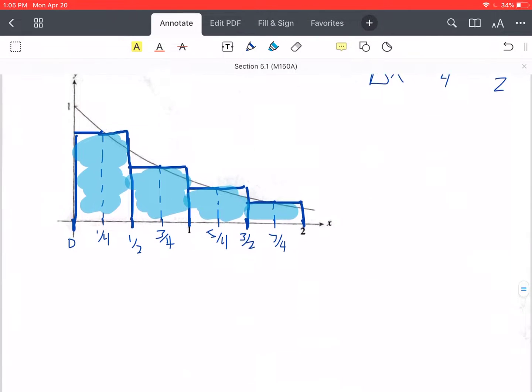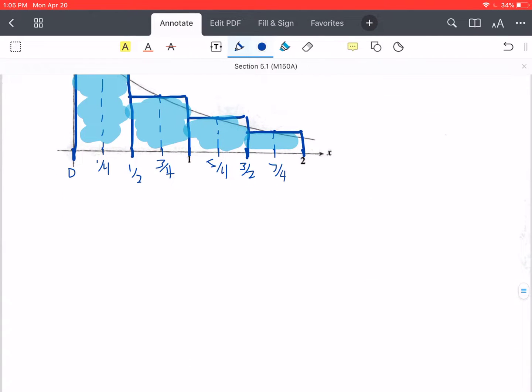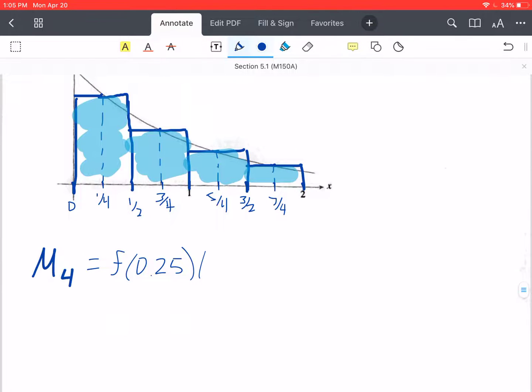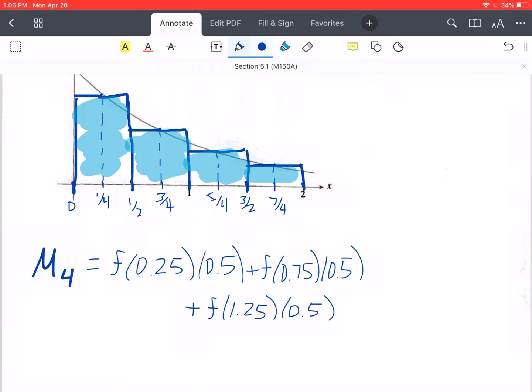So to get these, let's go ahead and set this up. There are 4 rectangles, so that's m sub 4. That's going to be f of 1/4, so f of 0.25, times delta x, which we saw was 1/2, so times 0.5, plus f of 0.75 times 0.5, plus f of 1.25 times 0.5, plus f of 1.75 times 0.5.